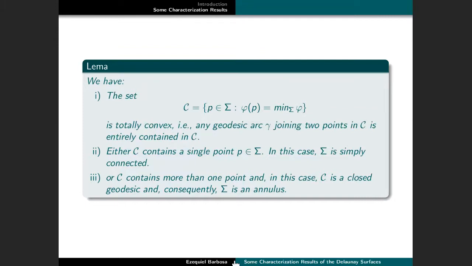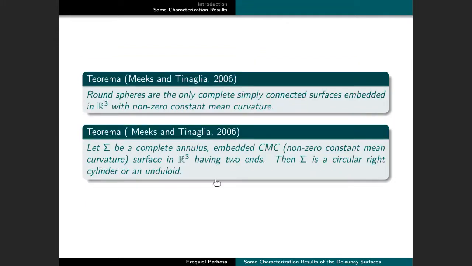And now we can use this result proved by Mix and Tinaglia, also in 2006, that the only complete annulus CMC embedded with non-zero constant mean curvature is the right cylinder or an unduloid. Unduloid because it's embedded.